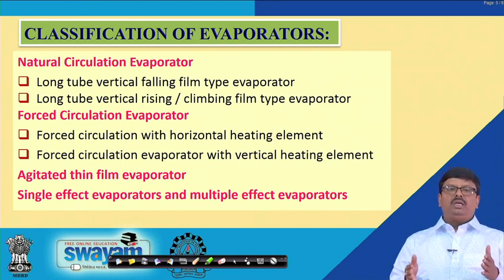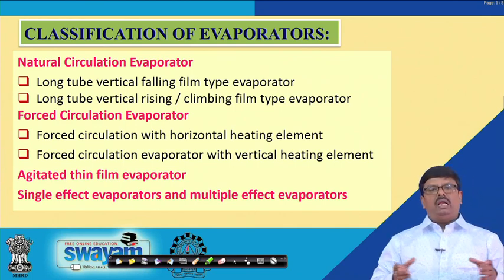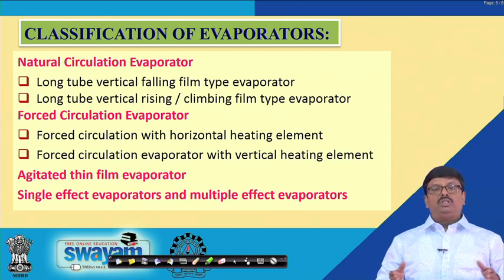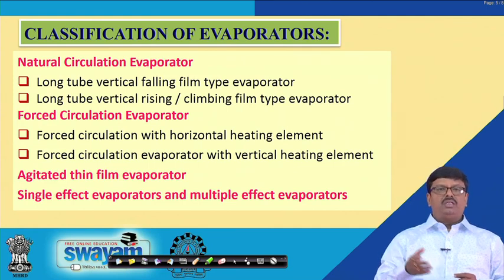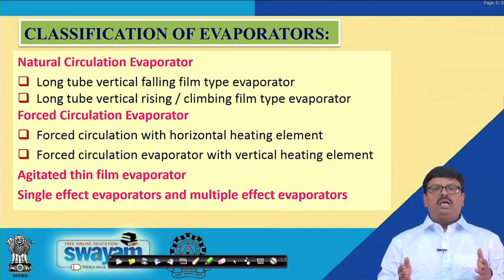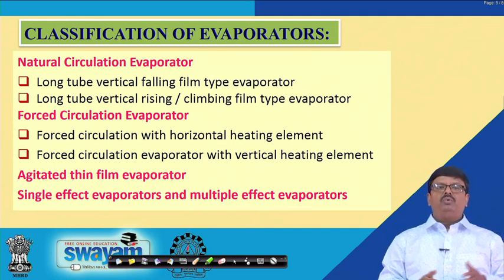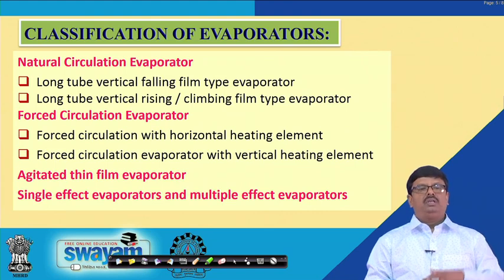Basically, vertical and horizontal heating elements depend on the placement or alignment of the element, I mean the heat exchanger we are using in the evaporation circuit. Based on how it is placed, we say horizontal heating element or vertical heating element.